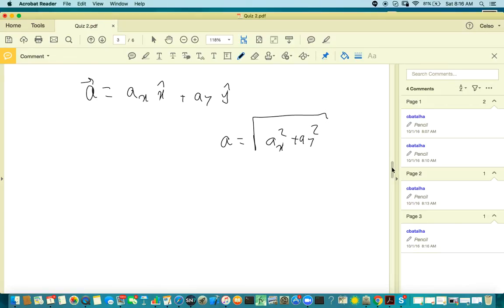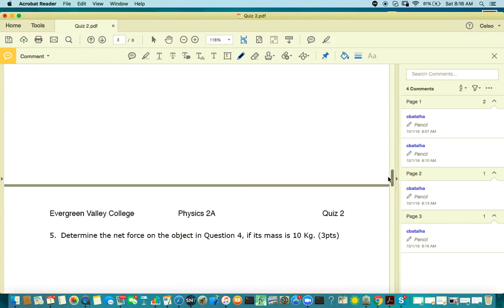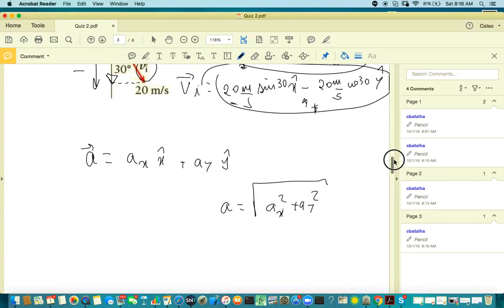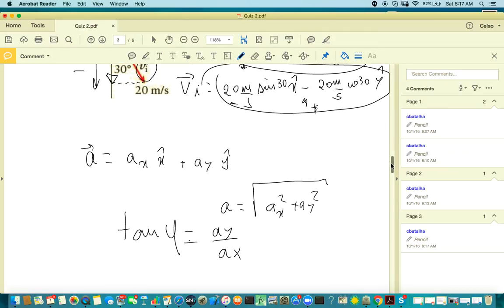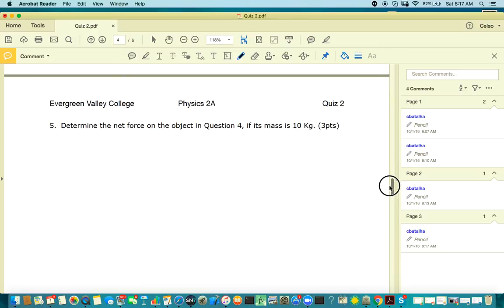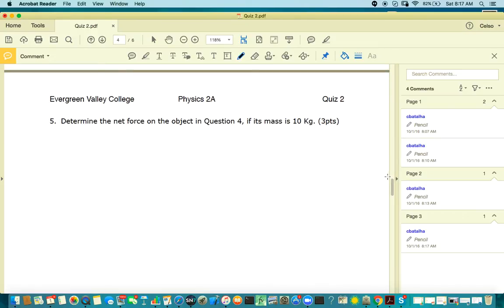Then you have to finalize that. And if you wanted the direction, the tangent of the angle is equal to ay over ax, and then you have to decide which angle that is in the coordinate system. Ask me on Monday if you have any question.